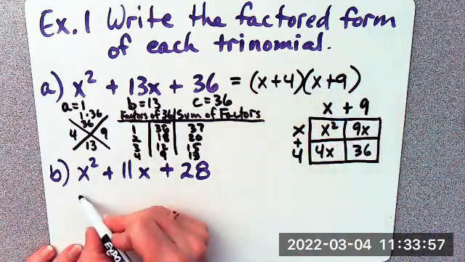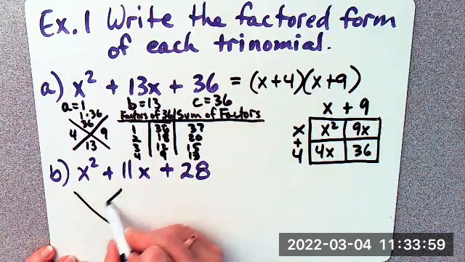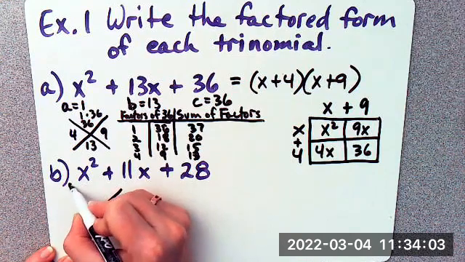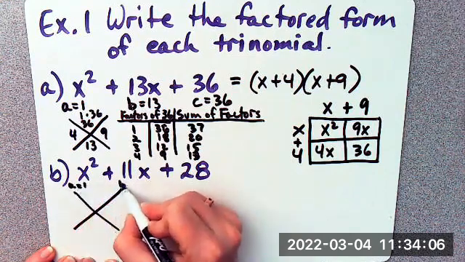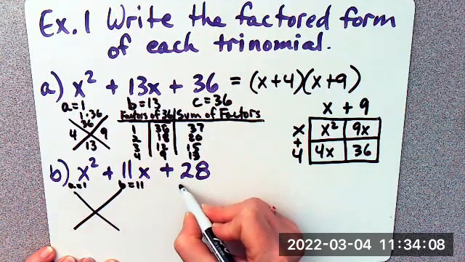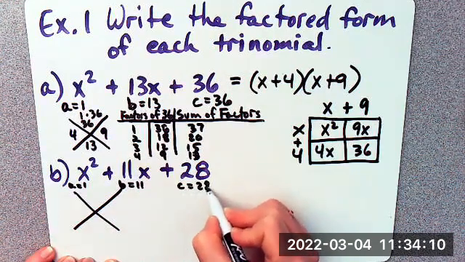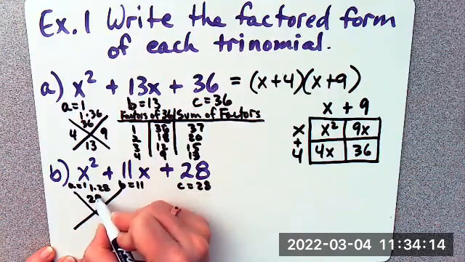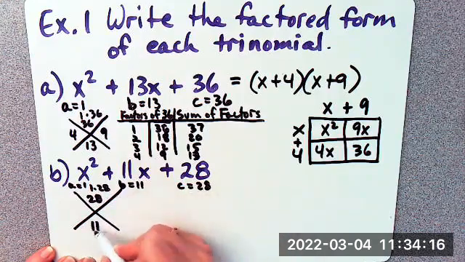So let's try this one. I'm going to do a diamond here. So a equals 1, b equals 11, and c equals 28. So we have 1 times 28, which is 28. B is 11.